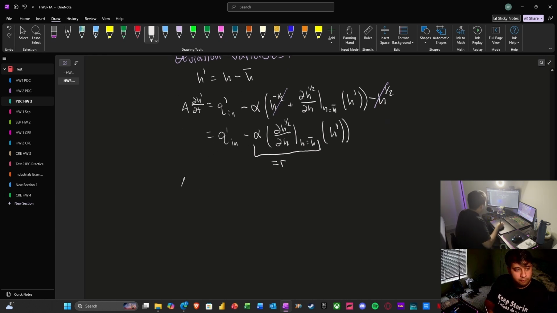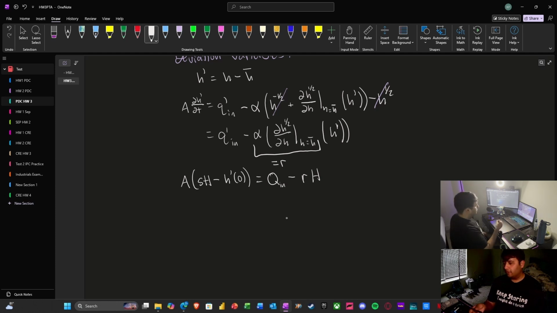So we're going to solve using the Laplace transform, and we get little s times H minus h prime at time 0, which equals big Q in minus R times big H. This is the equation that we get based off Laplace transforms.